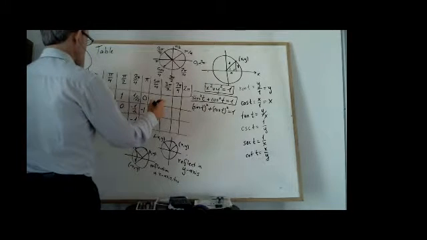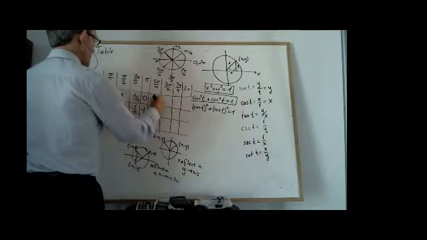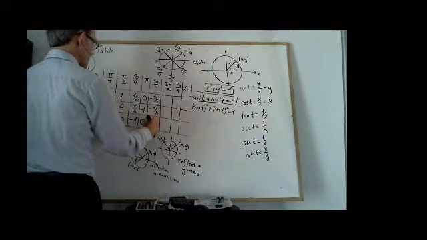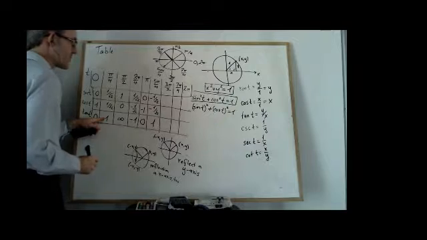So both coordinates are negative, so I get minus 1 over root 2, minus 1 over root 2, and the ratio is the minuses cancel and I get plus 1.